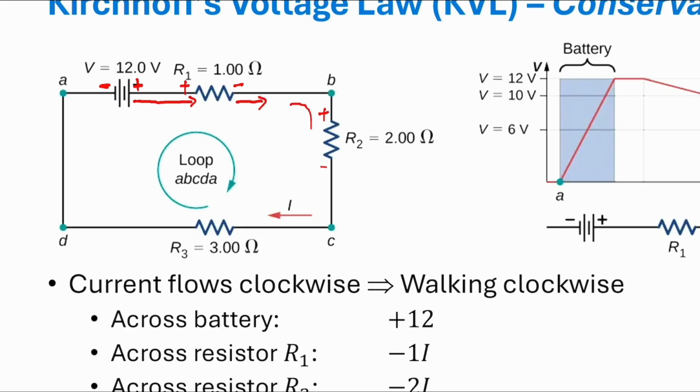And then from the high potential of R2, it also loses a little bit of energy. The same here, high potential, low potential, it loses energy. Once the charge returns to the negative terminal of the battery, inside the battery, it gains energy.